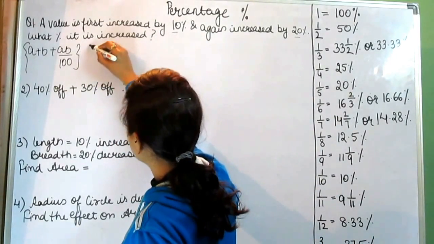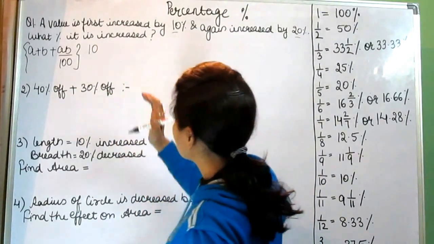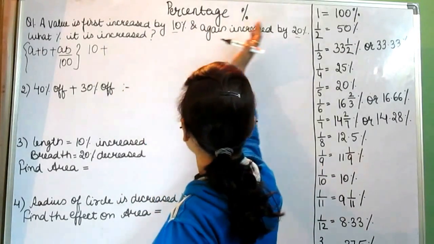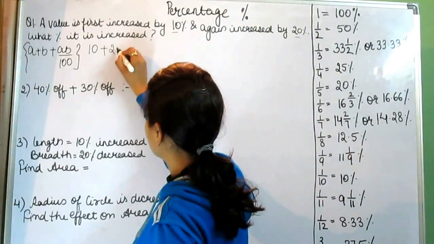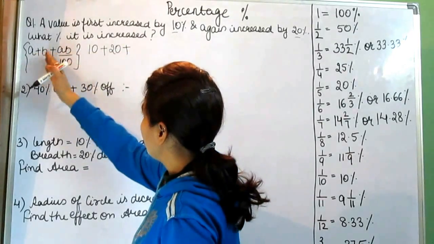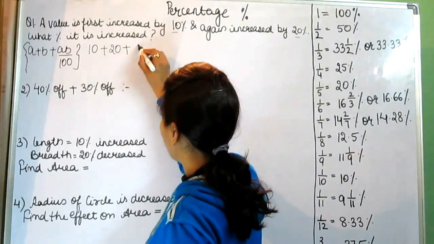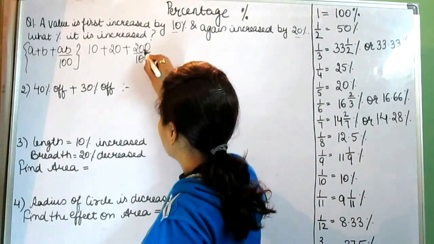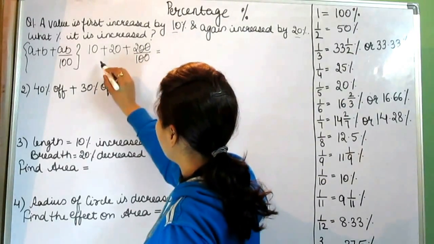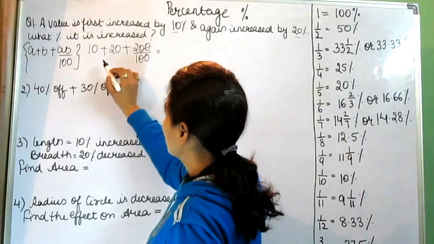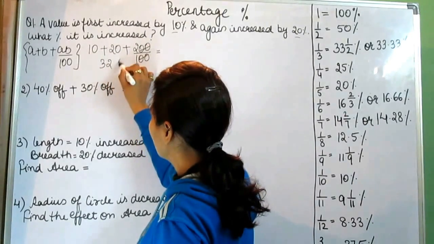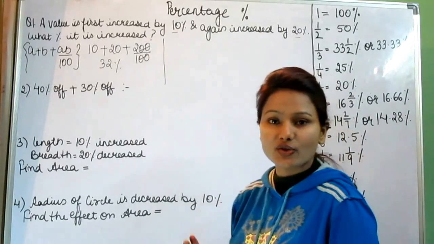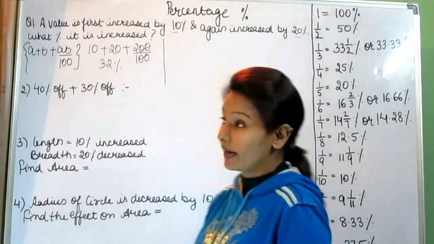A is 10, because the value is first increased by 10% and then increased by 20%, plus AB. When I multiply both numbers, I get 200 divided by 100. When I solve, at last I get 10 plus 20 plus 2 equals 32%. It means the value is actually increased by 32%.